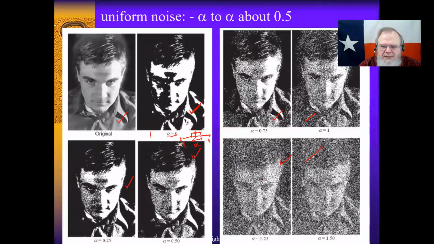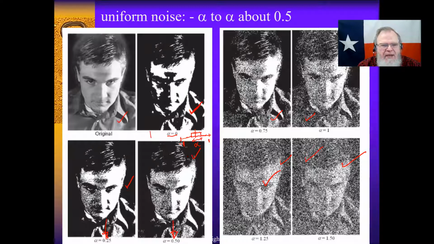So this is uniform noise, which is really broad. It's taking those pixels and whipping them all around up and down. And this is even more noise with alpha equal to 1.5. Looking at this with your eyeballs, it's a toss-up between 0.25 and 0.5, right? But it turns out that 0.5 is indeed optimal.